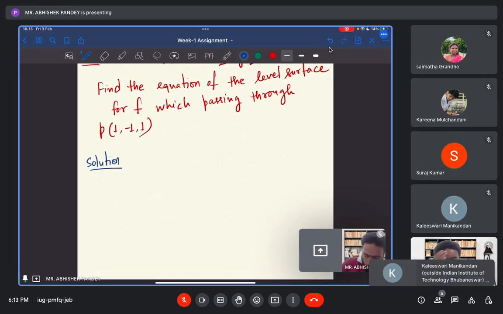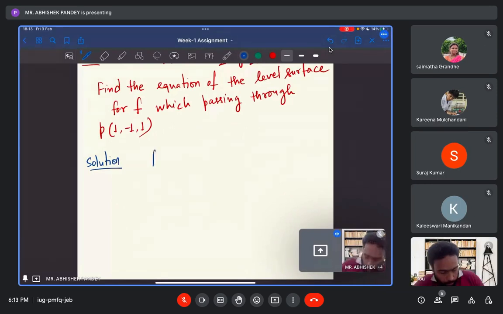The equation of a level surface in general looks like f of x comma y comma z is equal to c.